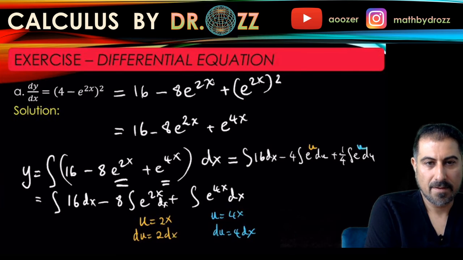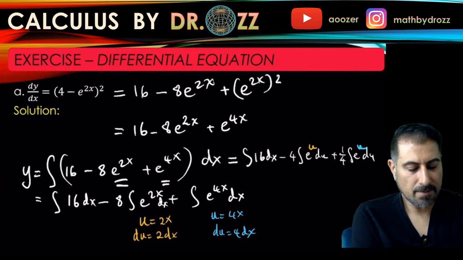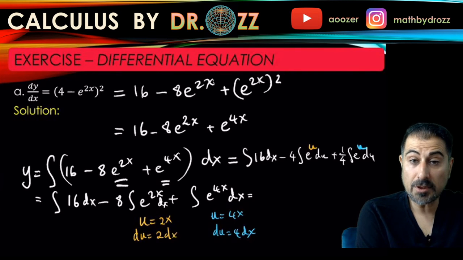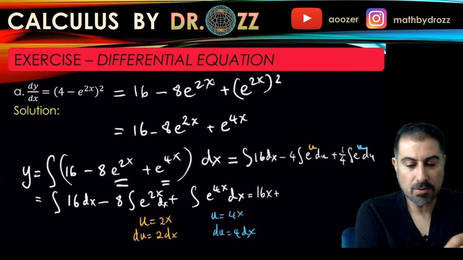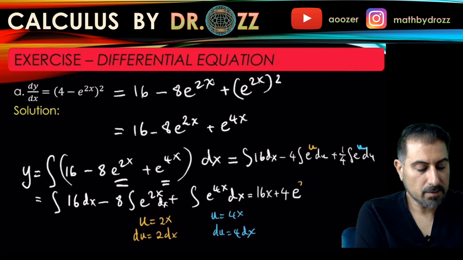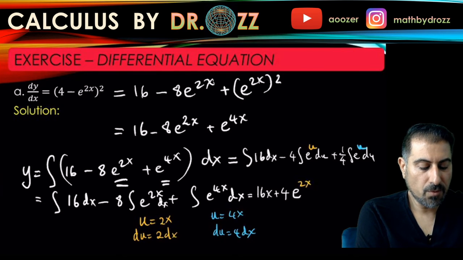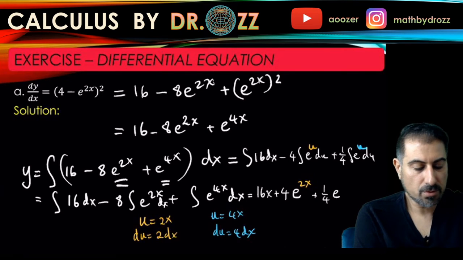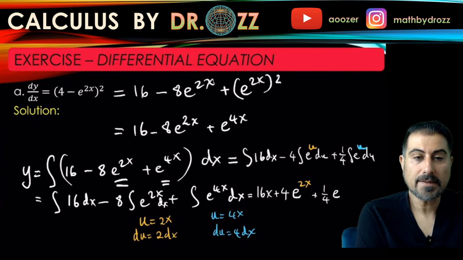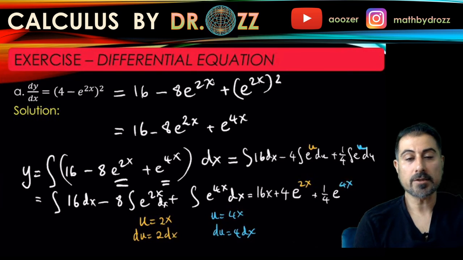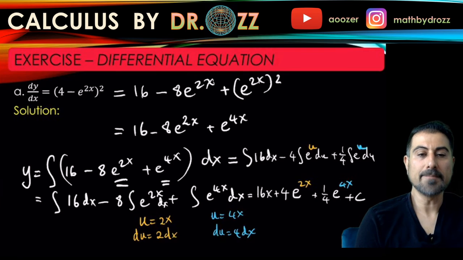Now you know exactly what I'm talking about. Let's finish the integration. We have 16x, then e to the u where u equals 2x for the first one, and plus 1/4 e to the 4x, and a generic integration constant plus c.